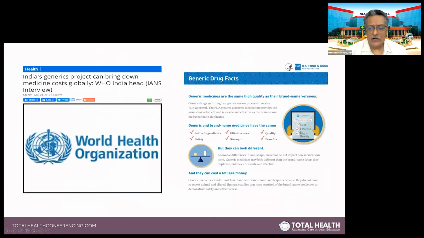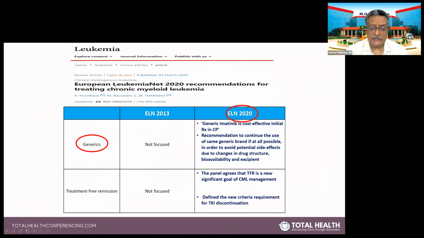And this has been not only endorsed by the WHO, it has also been endorsed by the US FDA. And the latest ELN guidelines, European LeukemiaNet guidelines, also talk about generics, and this is what they say about generics. Generic imatinib is cost effective as initial treatment in chronic phase chronic myeloid leukemia, and they recommend that the same generic brand should be used if possible to avoid potential side effects and the change in bioavailability.